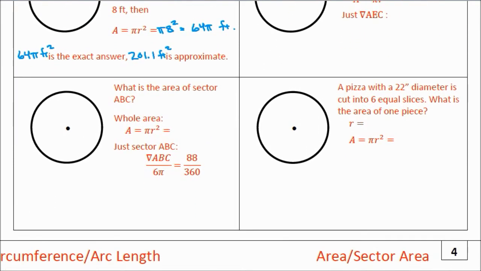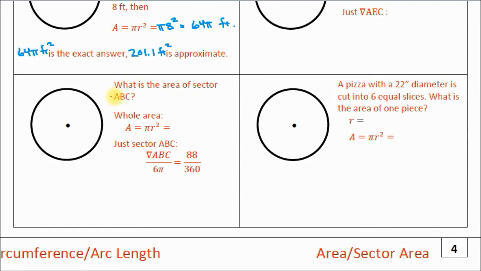Here's our first question. What is the area of sector ABC? Well, we better create a sector ABC. So let's do that. I'm going to put some radii in here. Let's label it this way.